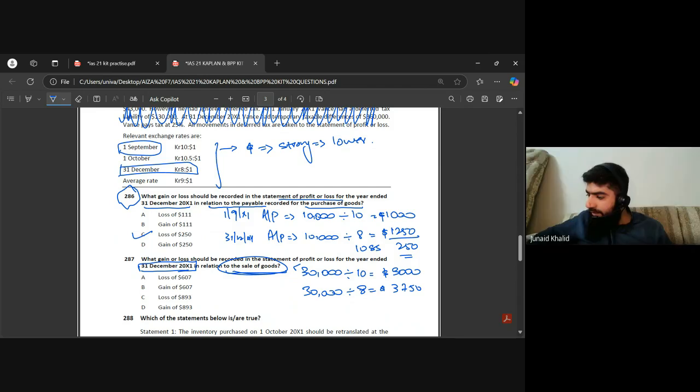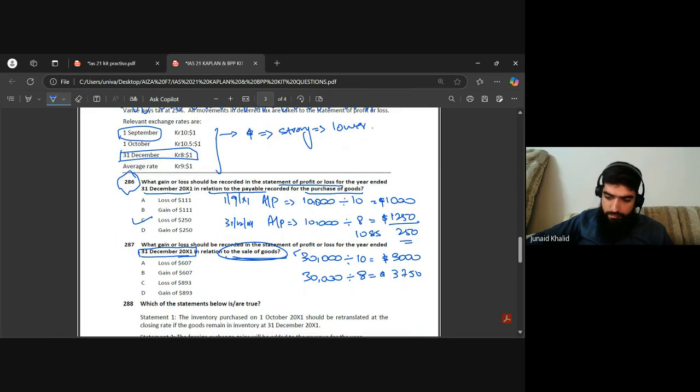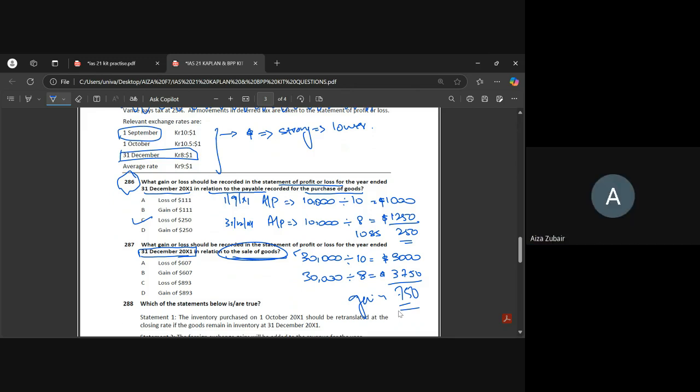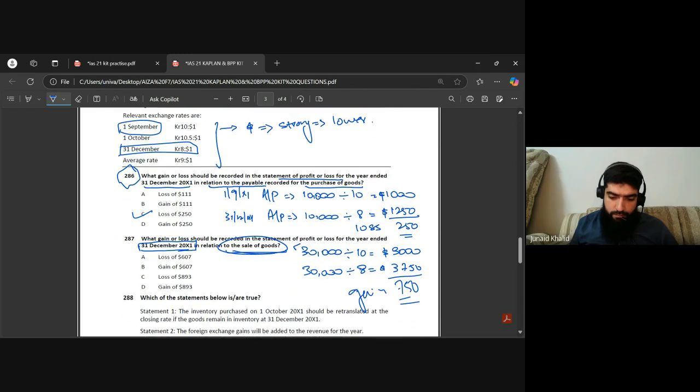Yes. 30,000 divided by 8. It's 3,750 and it's a gain of 750. Wait, I think we have to compare when we divided by 10.5 as well. No, then in relation to the sale of goods. Okay.